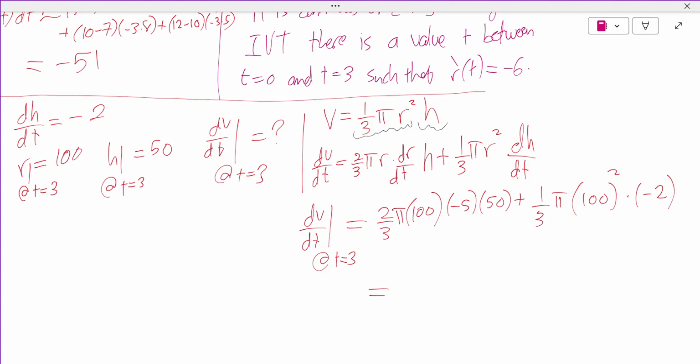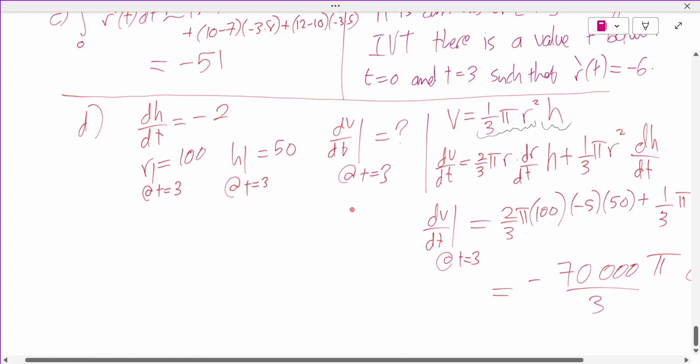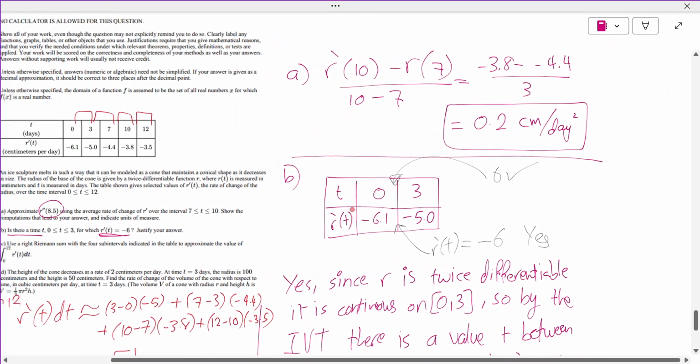So this is going to be minus 70 thousand pi over 3 cubic centimeters per day. It's a long video, but it's basically 2 questions in it. Question 2 and 3. All the best.